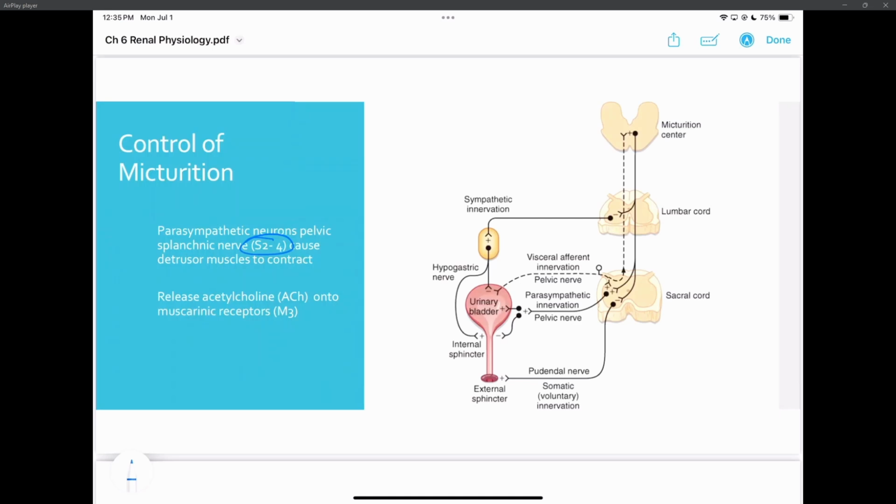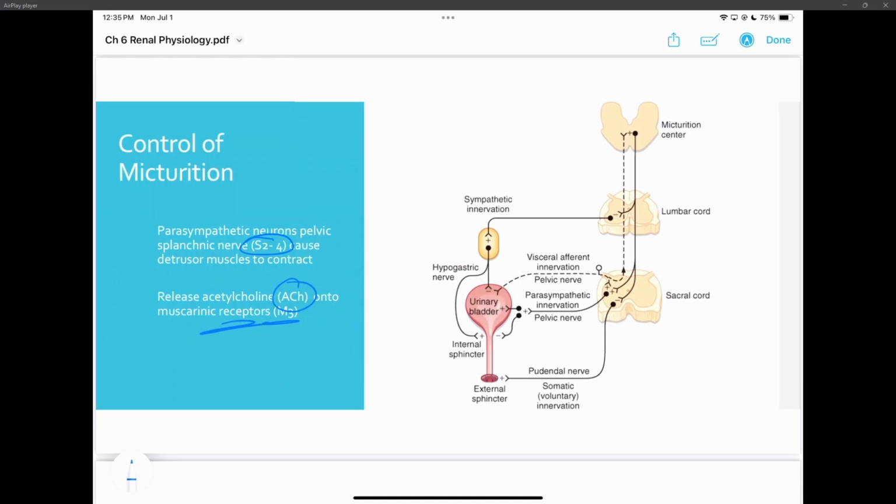So parasympathetic stimulation causes the detrusor muscle, the bladder itself, to contract, pushing urine out. And because it's parasympathetic, it's acetylcholine acting on your muscarinic receptors.